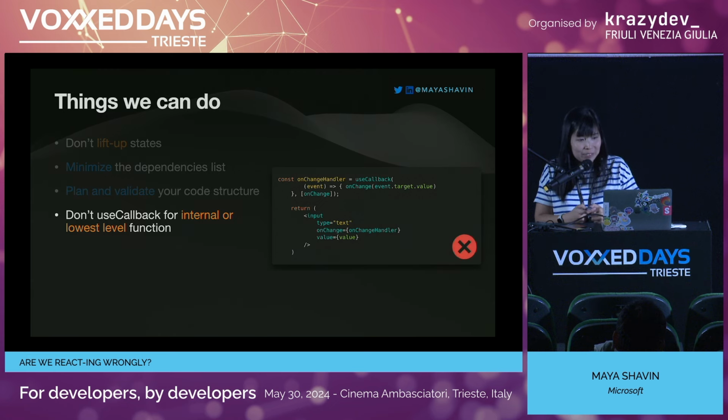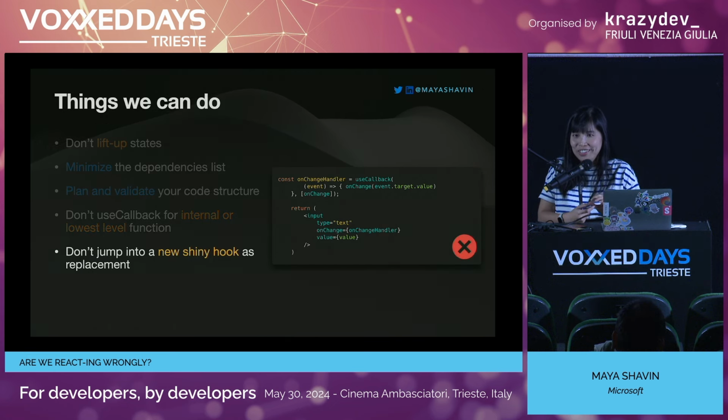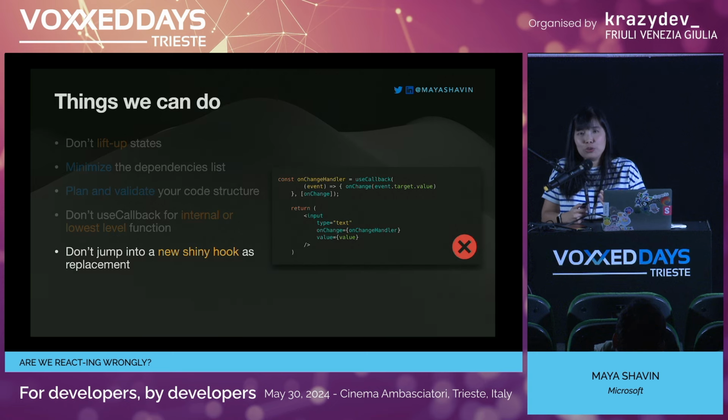And lastly, don't jump to the new shiny hooks. I saw so many blog posts before the React 18 official launch talking about the useEventCallback or useEvent hooks. In the end, this hook didn't make it to production.